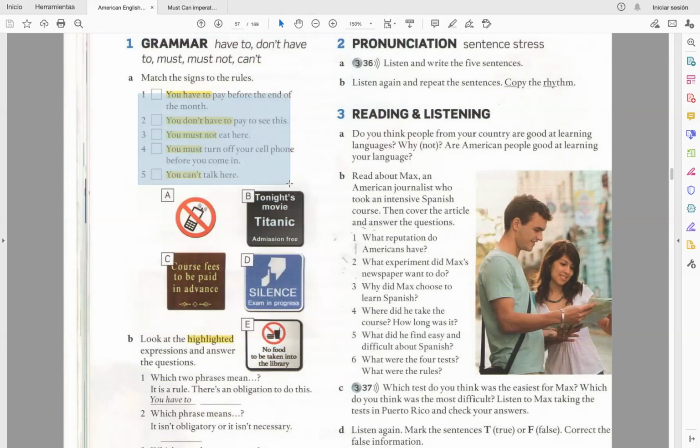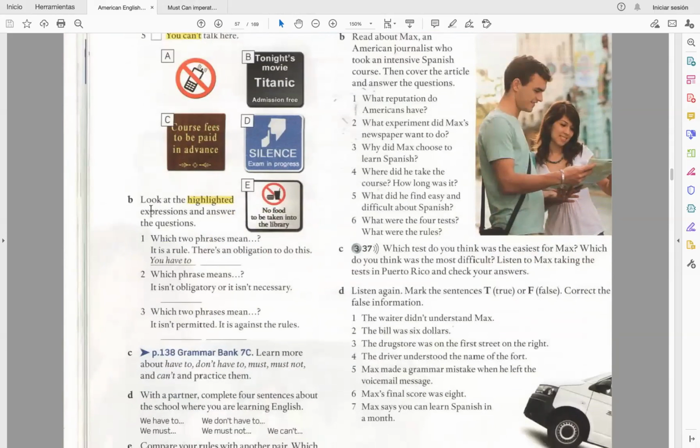And finally, below in letter B, you need to make the connection between the sentences, the instructions, the signs, and the rules for each expression. Is it clear?